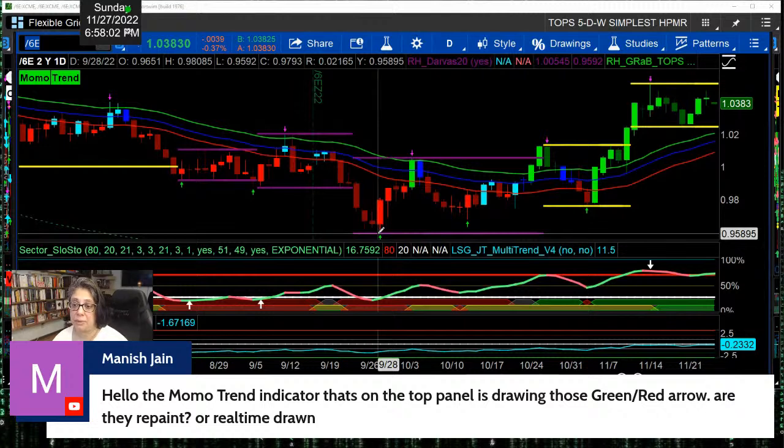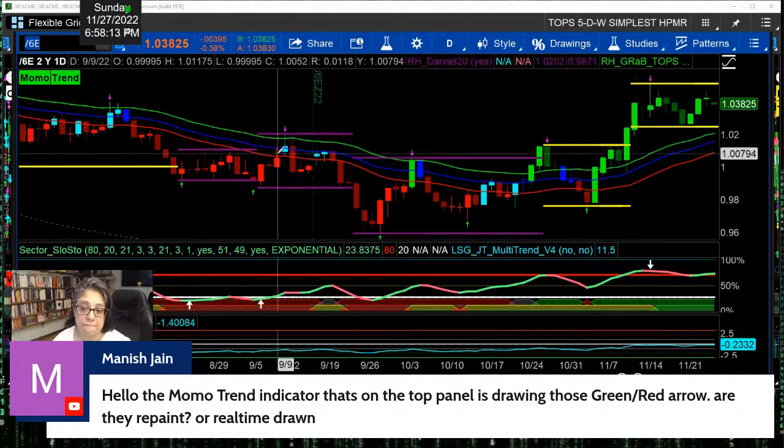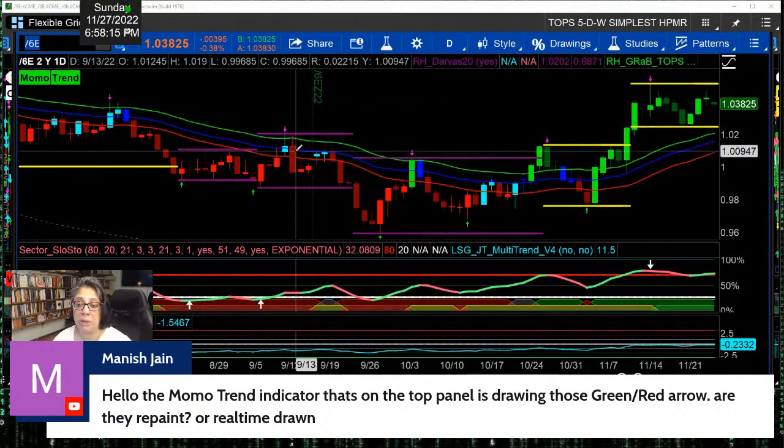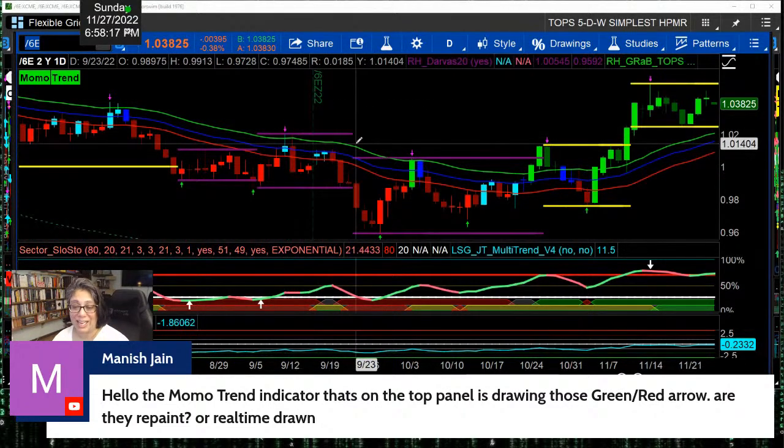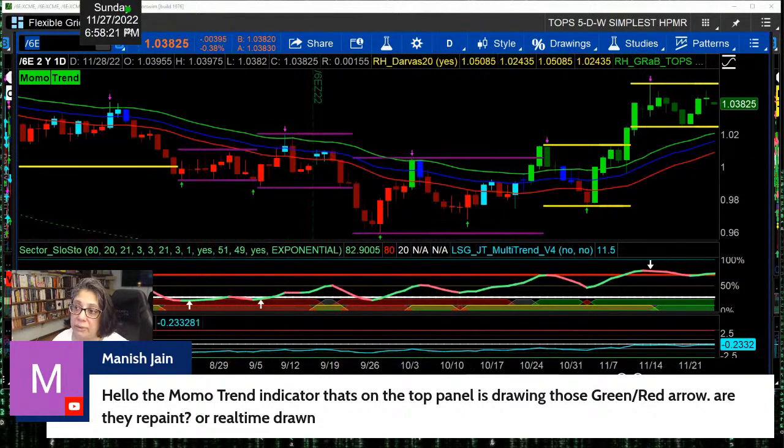The setup based on that pattern is valid once that arrow stays lit. So it's designed to repaint if we lose the validity. But once it's set, once that candle closes, no, it's not going to repaint.